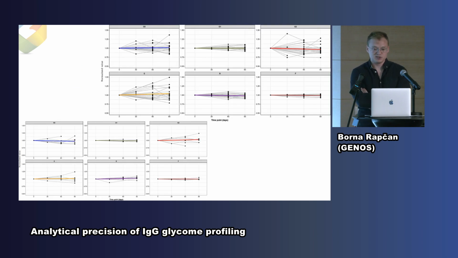First, we wanted to evaluate the short-term variation. We analyzed 28 students, 9 male and 19 female, and we wanted to see how stable their glycans were over a period of 3 months. They were analyzed every month, and we found no significant trends in their glycans.